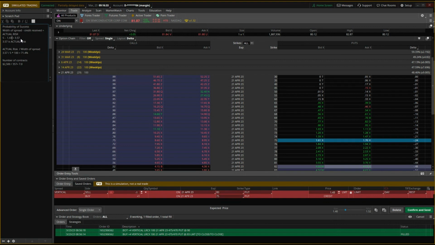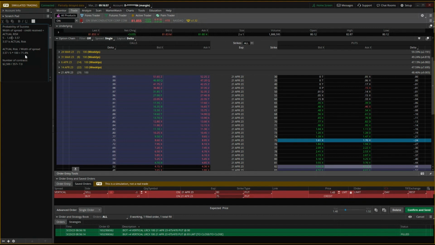So since options are multiples of 100, that's actually $357. So that's our actual risk. To come up with the probability of success, we take the actual risk, which is the 357, divided by the width of the spread, and that's going to give us our probability of success at 71.4%.